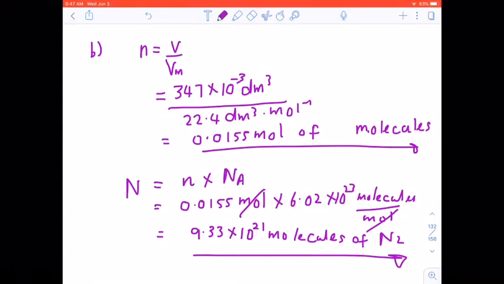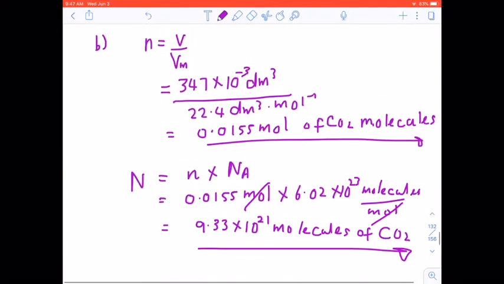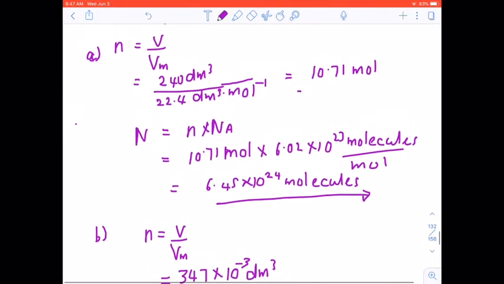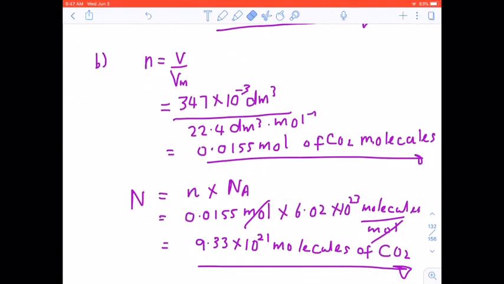That is CO2, and here it is also CO2, molecules of CO2. Let's just double check that. Yes, molecules of CO2. That's correct.